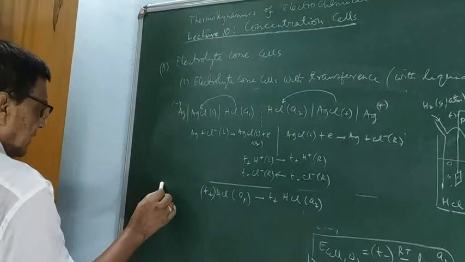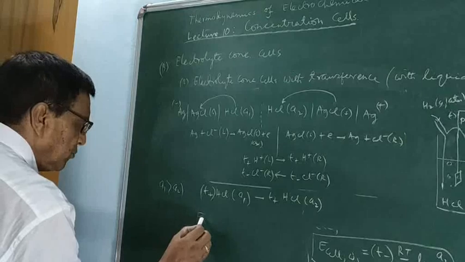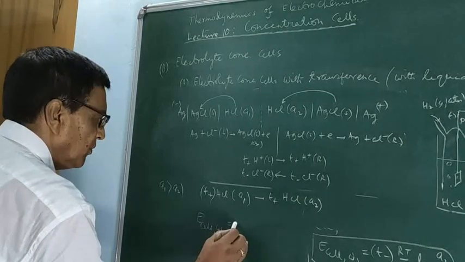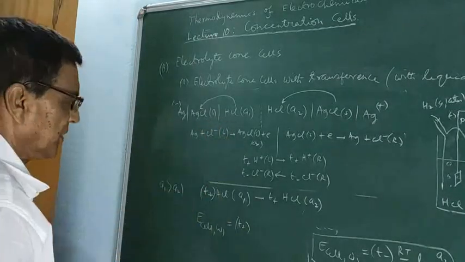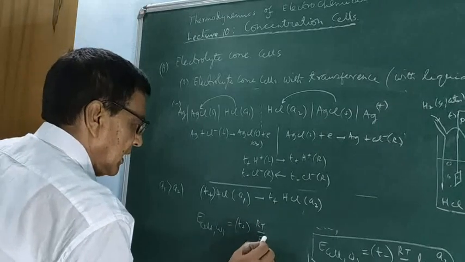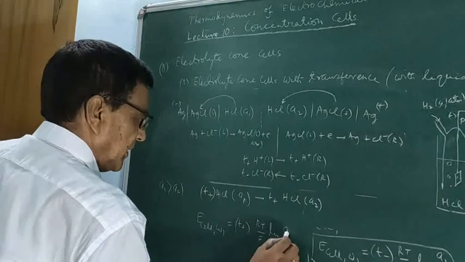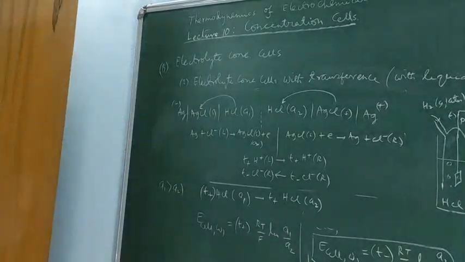So A1 must be greater than A2, and the cell potential with the junction will be equal to T plus, the transport number of the hydrogen ions, times RT by F ln A1 by A2, and this is very fantastic.